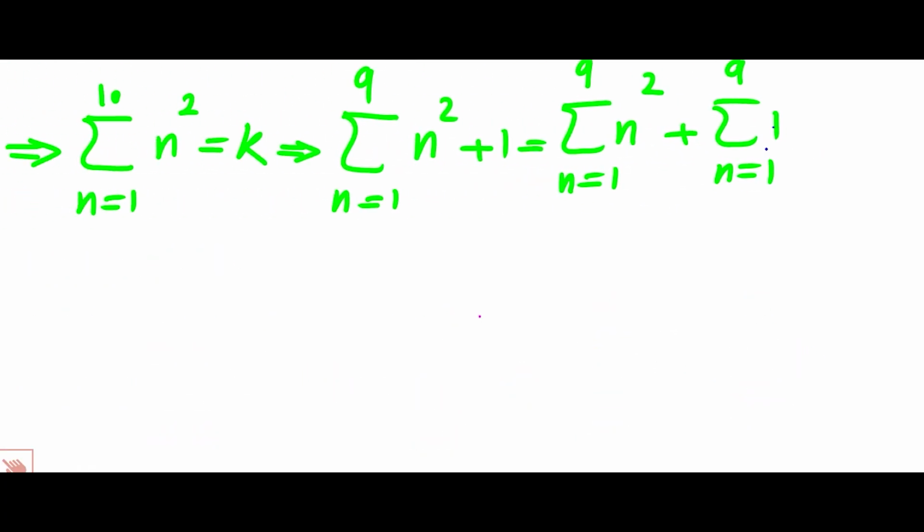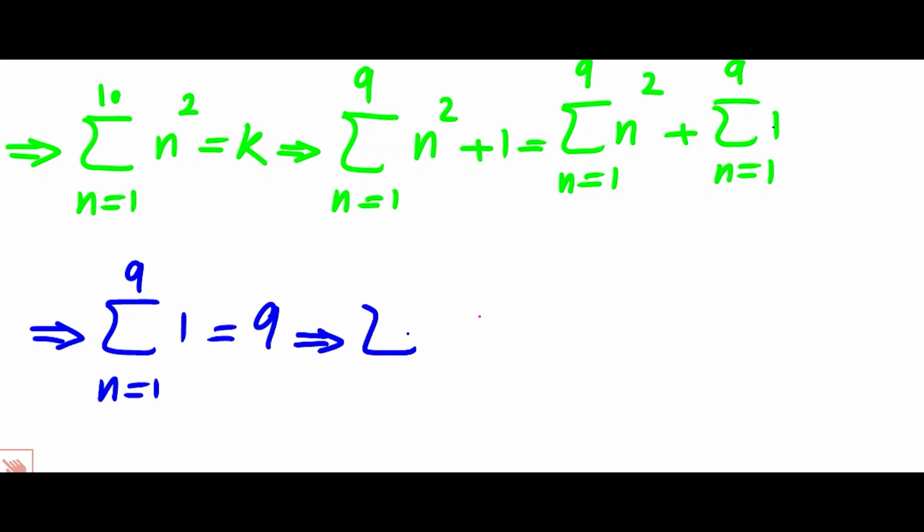There are 9 terms in the second sum, so the sum of 1 from n equals 1 to 9 equals 9. So we have the sum of n squared from n equals 1 to 9, plus 9.